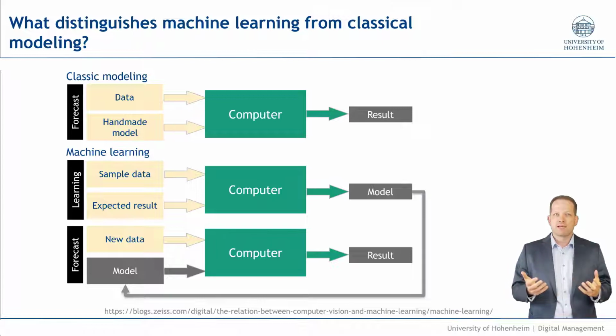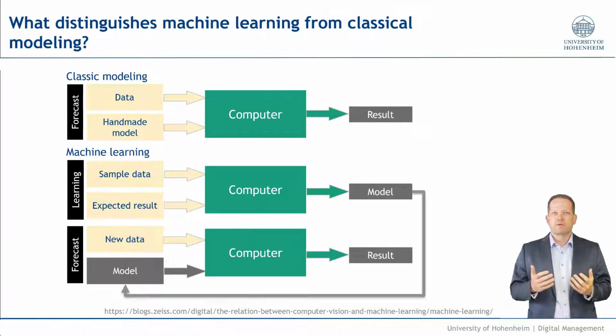I mean, for the training data, the sample data and the expected results, we already know the results. There's no real purpose in applying the algorithm to that because we already know the result. But then once the model is trained and you apply it to new images, then you get results which you didn't know before, which you didn't classify before.